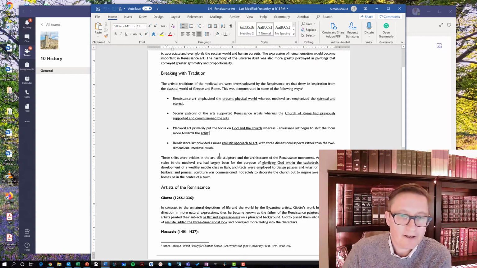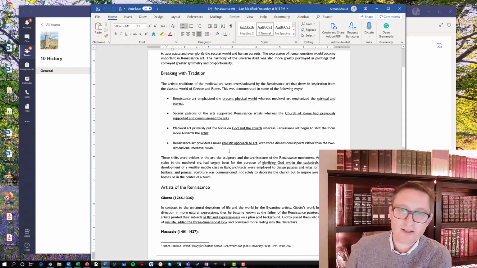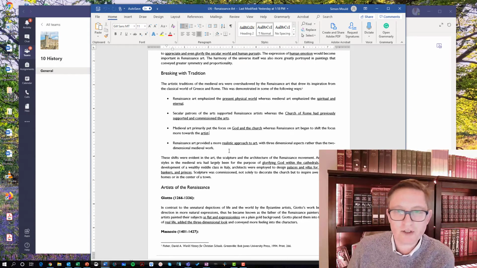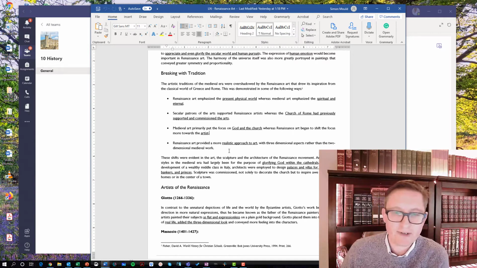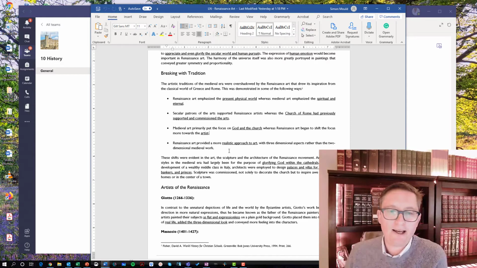And lastly, Renaissance art provided a much more realistic approach. You're going to see a three-dimensional focus, as we looked at last week, in which that three-dimensional art brought things to a much greater degree of realistic life. The use of shadow, and the sense of movement portrayed in the paintings, brings the subjects to life.